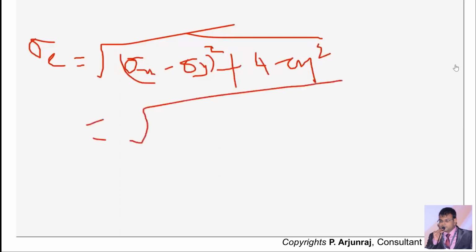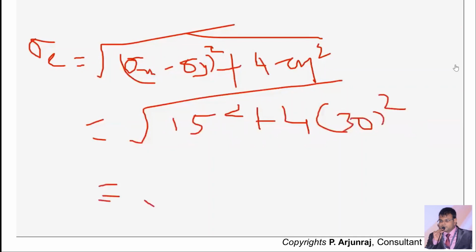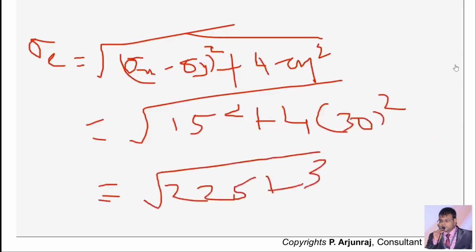It is really easy, and we have seen the same values in the previous problem also. Sigma x is 60 and sigma y is 45. So 60 minus 45 is 15 square, plus 4 into tau xy, which is 30 square. 15 square is 225, plus 900 into 4 is 3600.